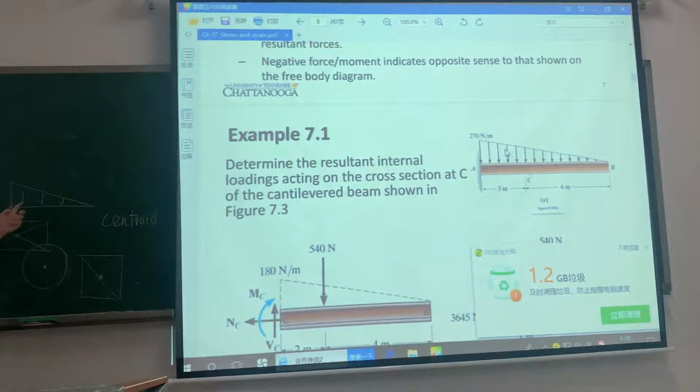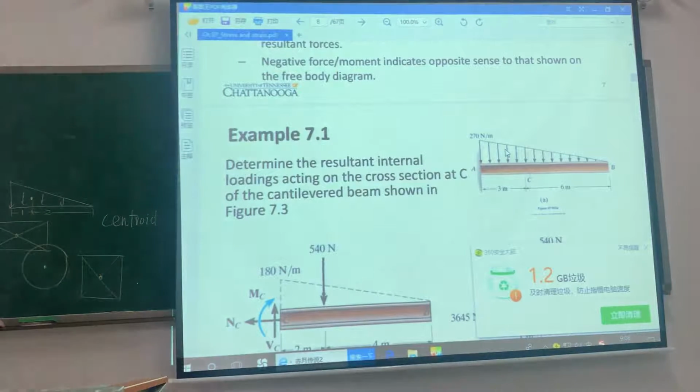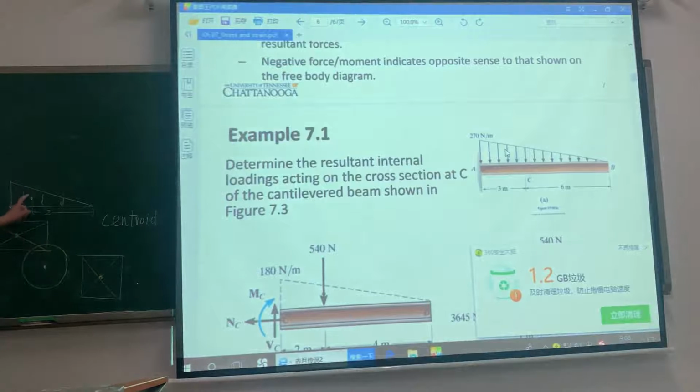For a triangle, one, two. Understand? This is the location of the centroid of the triangle.